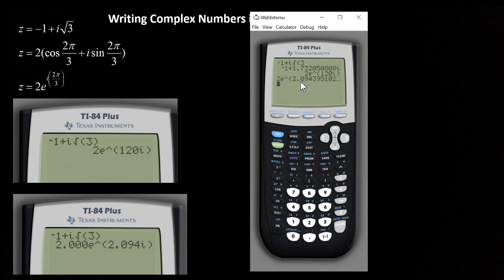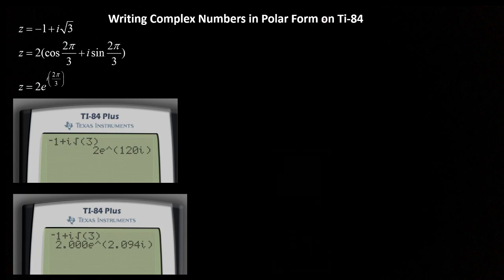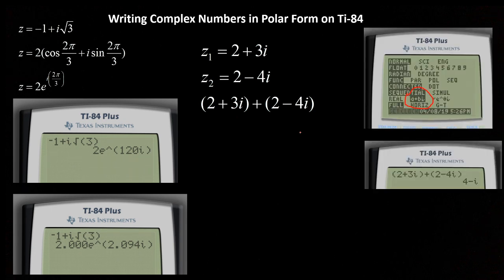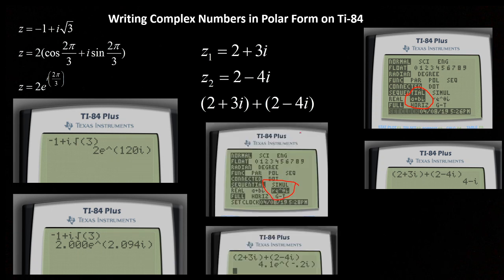You see that's 2.0 something, that's the radian for that. And the i is after here, you don't see i, but there is an i there, just like there is i here. So calculators can do this for you, computers can do this for us, but it's very useful. If I want to, for example, add those two with the calculator, I can add them in that form, or I can add them in that form.